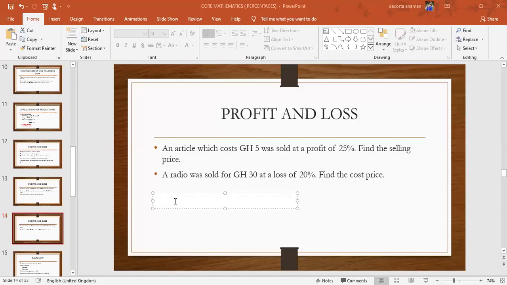Okay, so we have been given the cost price, which is equal to 5 Ghana cedis. And we have been given the profit percent, which is equal to 25%. We are being asked to find the selling price.